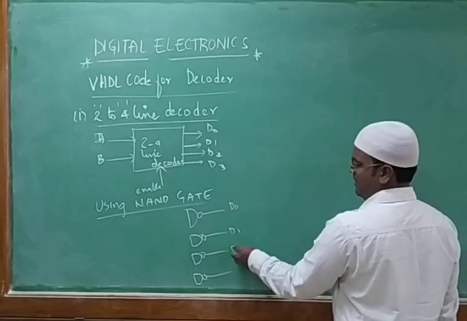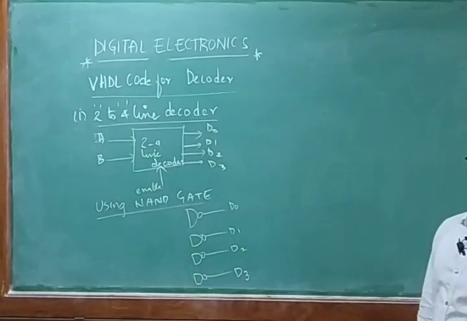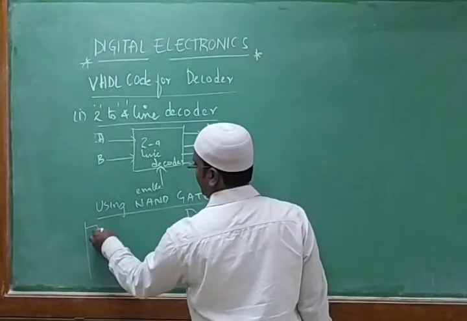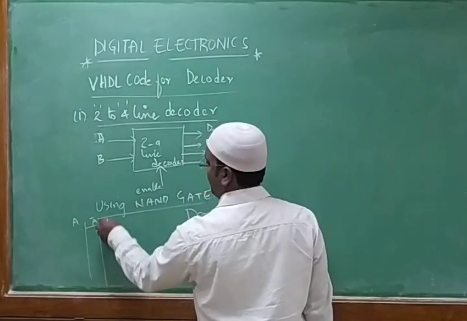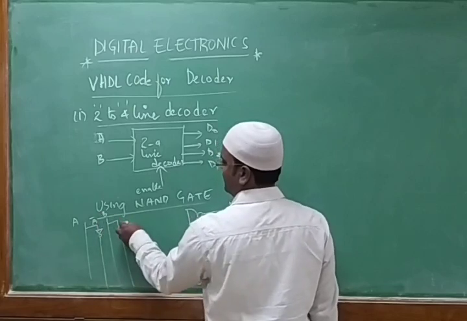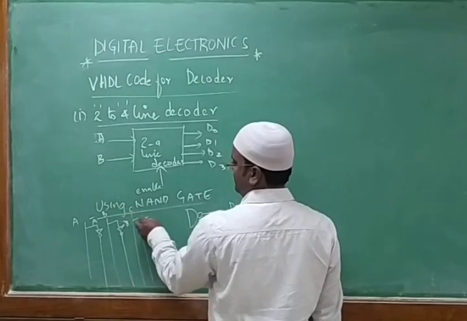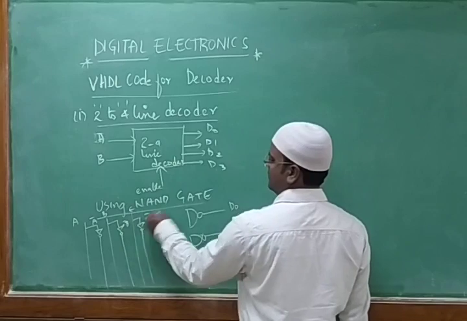Next is D1, D2, D3. So these are our outputs. What are the input values we're giving? We're giving A and not of A, so this is A, this is your A bar. B with not of B. And enable we are giving so as to get the exact one. Right? Enable E, this is E complement.